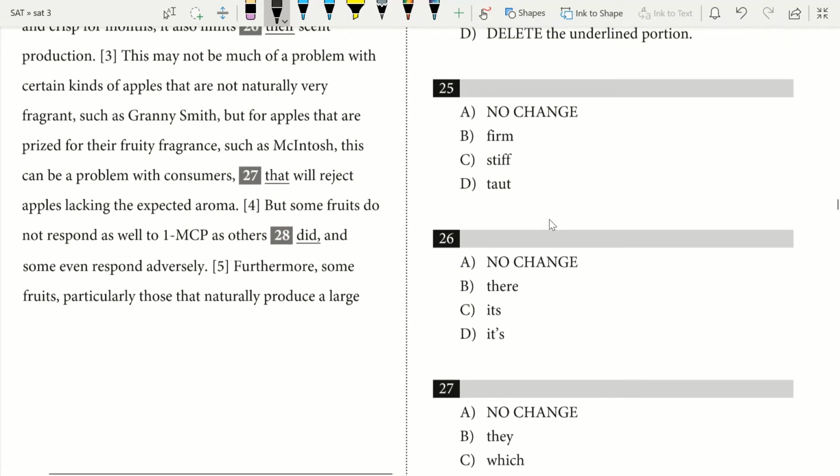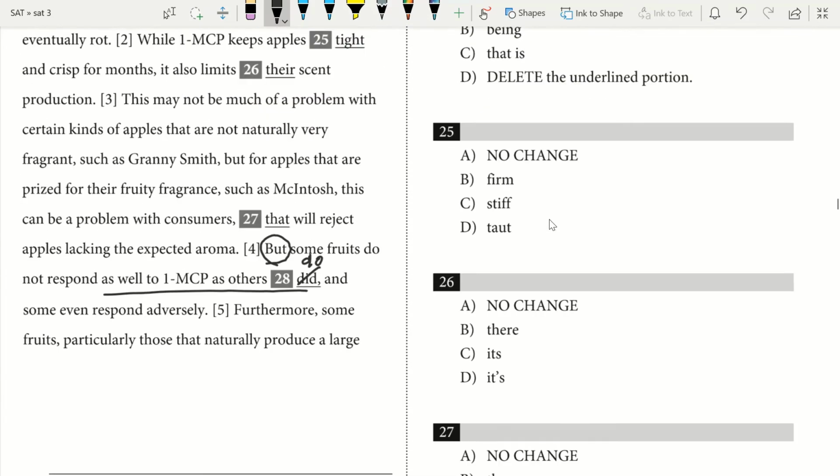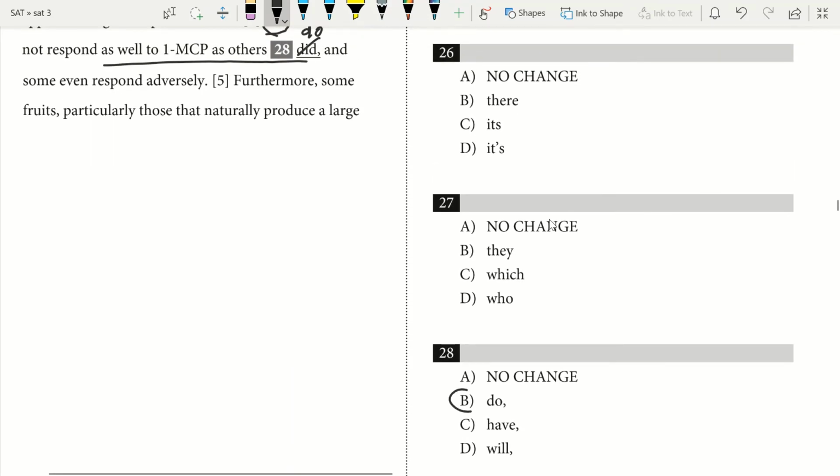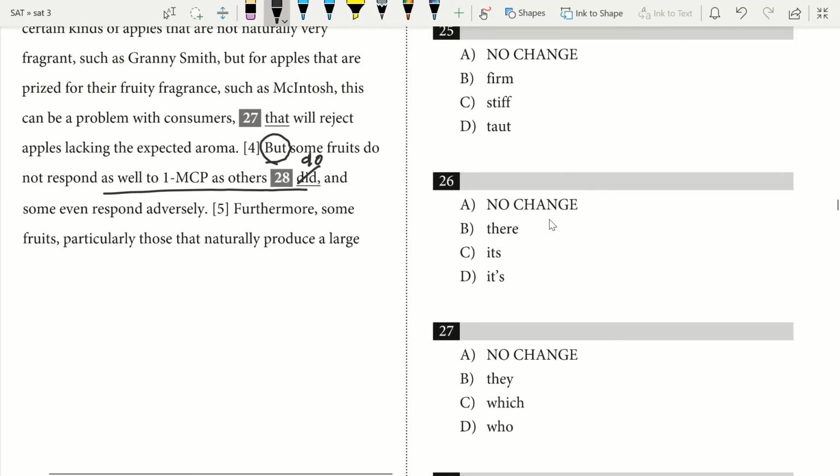Sentence 4 says but, which means that we're going to have contrast. So we're going to contrast one idea with the next. Some fruits do not respond as well to 1-MCP as others do. And we can go ahead and get rid of that did, put do, and we can actually go ahead and answer that question, which is going to be 28. And we know that because we have some fruits do not respond as well to 1-MCP as other fruits do, right?